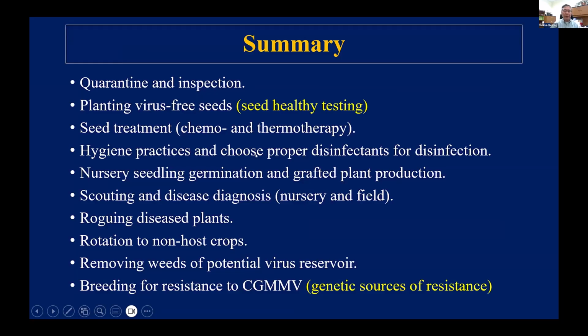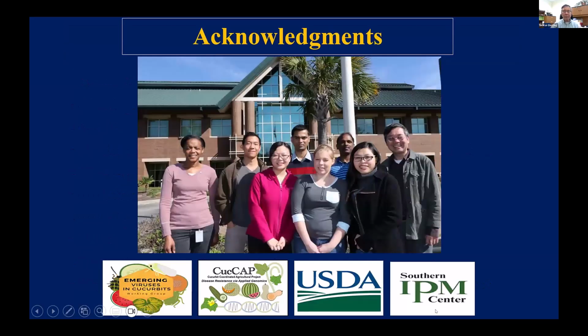In nursery seedling, germination, and grafting, monitor carefully, test, and use disinfectants, with scouting and disease diagnostics in the nursery and the field. Rogue diseased and early plants, rotate to non-host crops, and remove weeds that are potential virus reservoirs. Breeding for disease resistance is still not available, as there is no resistance source or resistant cultivar for watermelon at this moment.